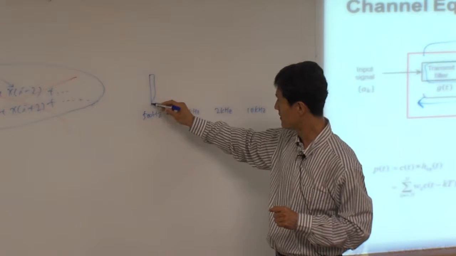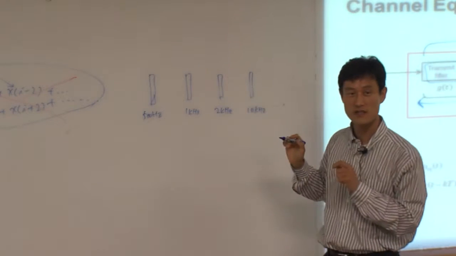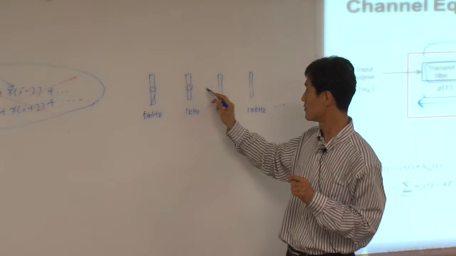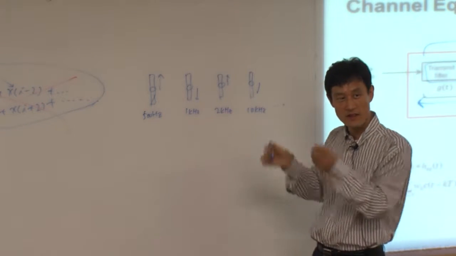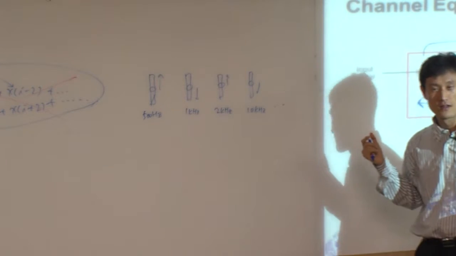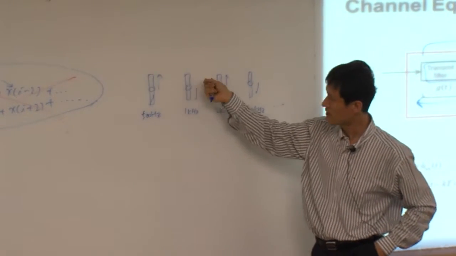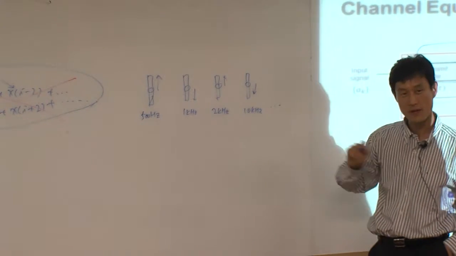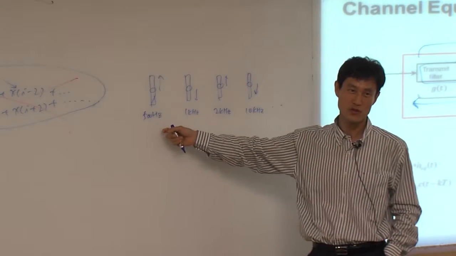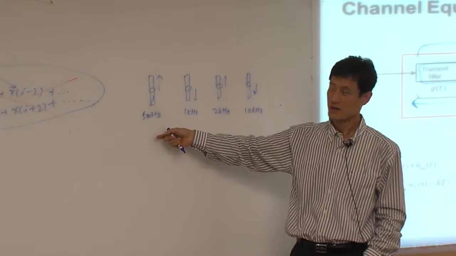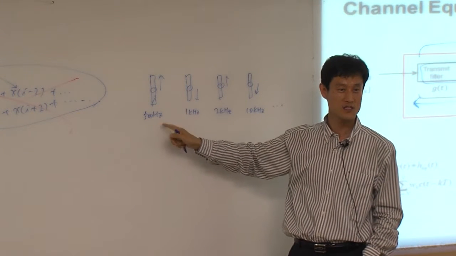And then you have a switch like this, right? So you can increase it, decrease it, up, down, up. We call this an equalizer. Let's say you increase this. Then what are you trying to do? If you increase it, that means you are increasing the gain of this particular frequency.